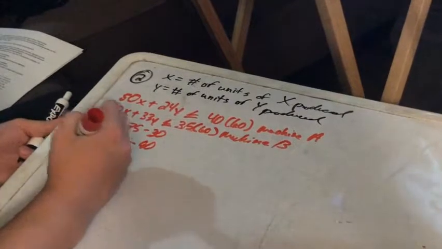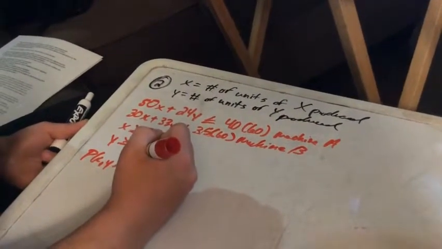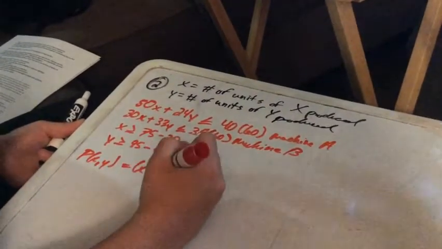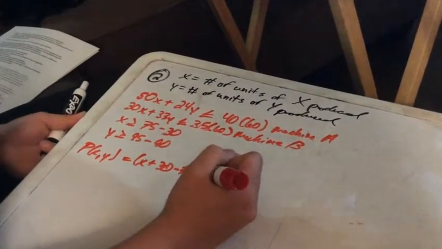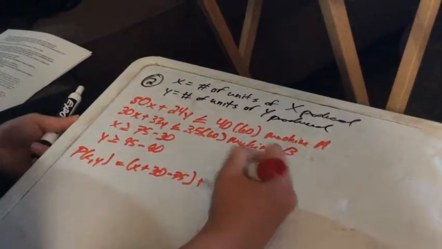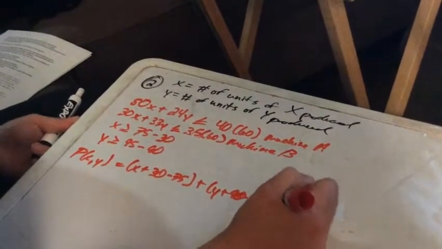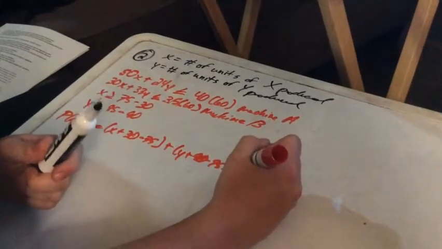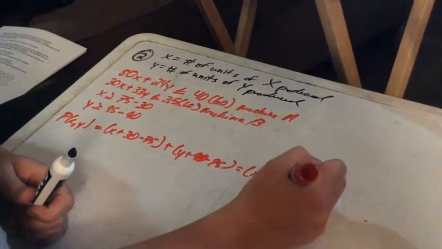So now our P function, or objective function, is going to be X 30 minus 75, so that we're meeting our demand for there, and Y and 90 minus 95, and this is gonna mean that we want it to look like that.